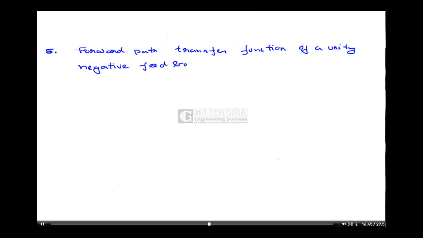Forward path transfer function of a unity negative feedback system, G(s) is equal to K times (s plus 6) upon (s plus 3)(s plus 5).